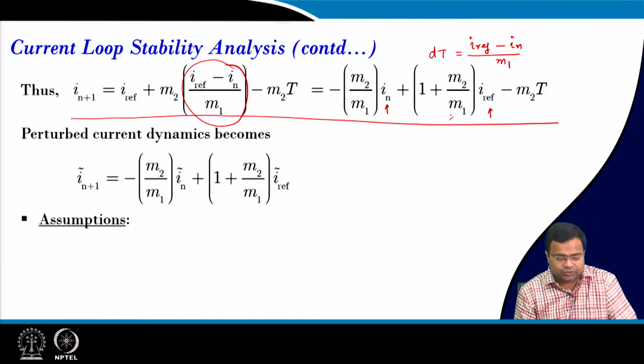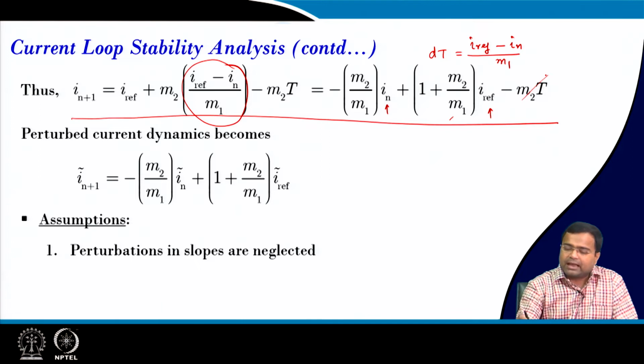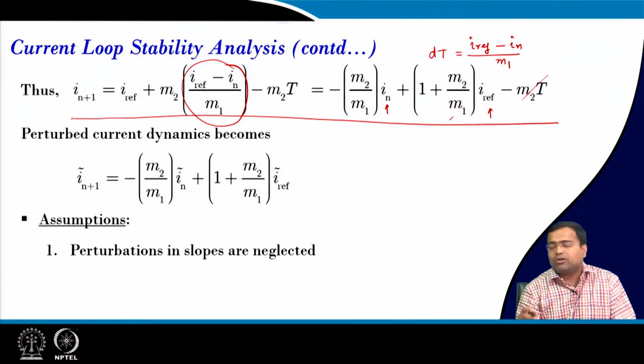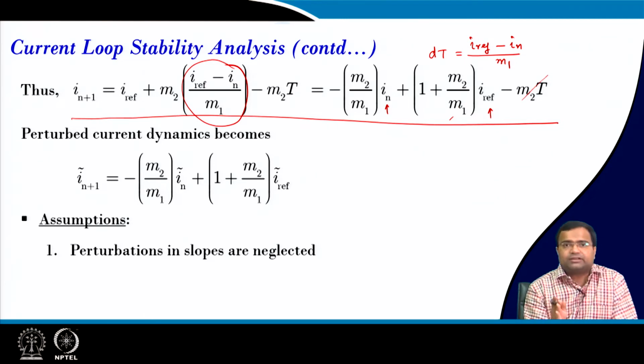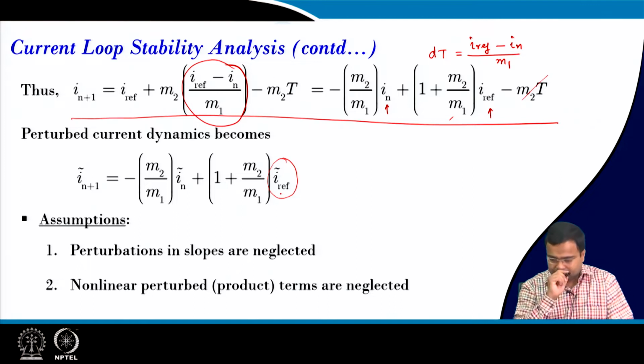That means under perturbed condition this quantity will be 0, and we are taking M2, M1 as constant. Another condition is that we are initially considering a fixed current reference, so the perturbation in Iref will be 0, and the product perturbation we can ignore.